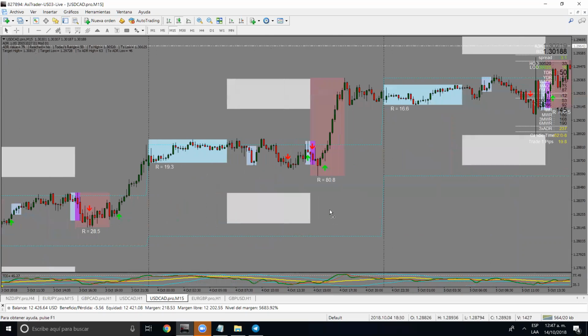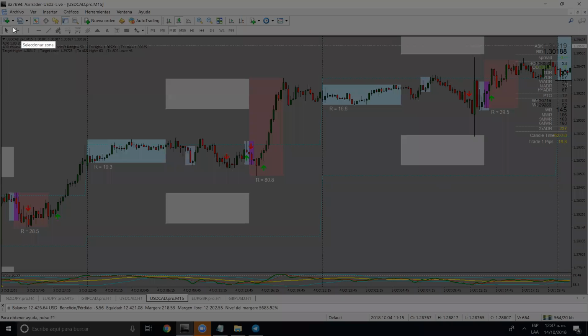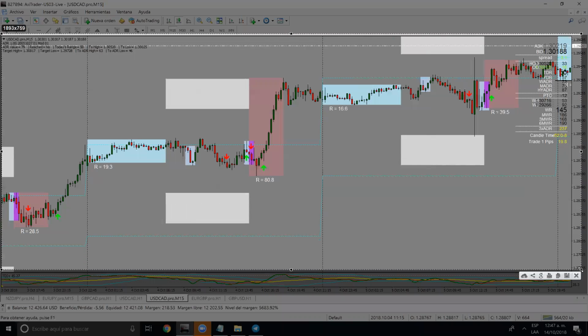Also, we have some additional information on this template. I will explain in more detail what market makers do. This is information about range, what people are making from the ADR, average daily range.